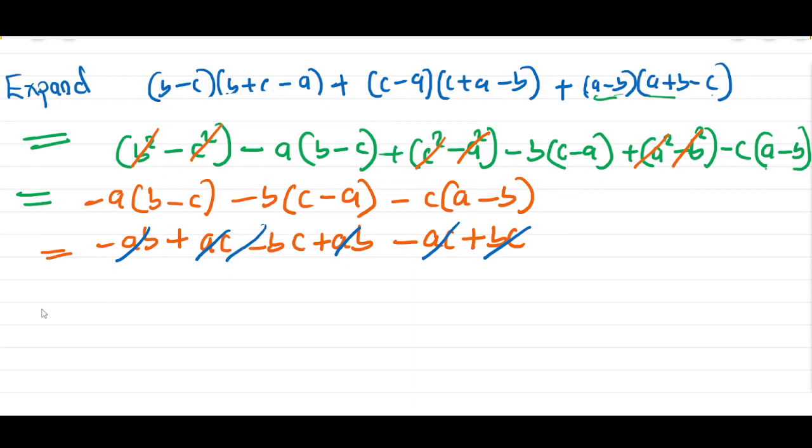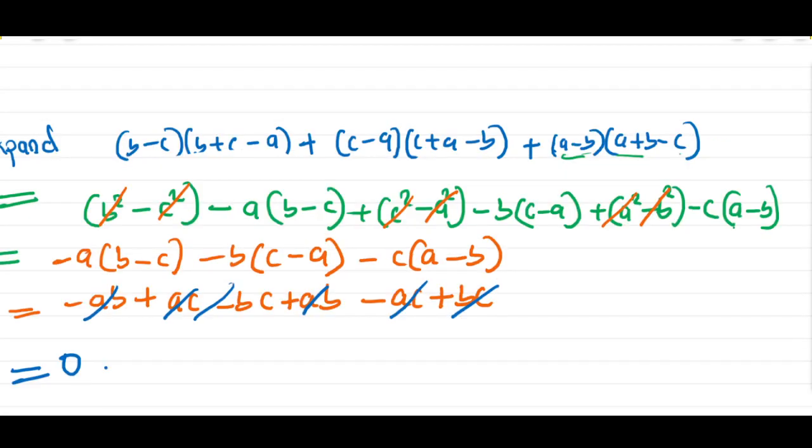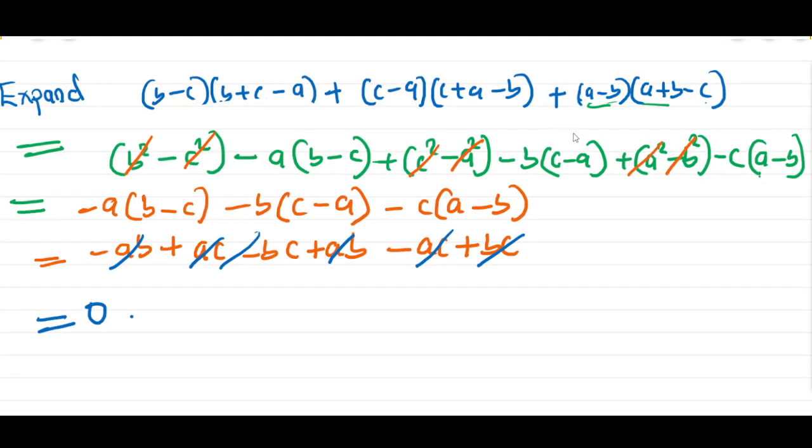So everything boils down to 0. So you see that this expression is 0, and the method of solution is that we multiply by b minus c throughout instead of b.